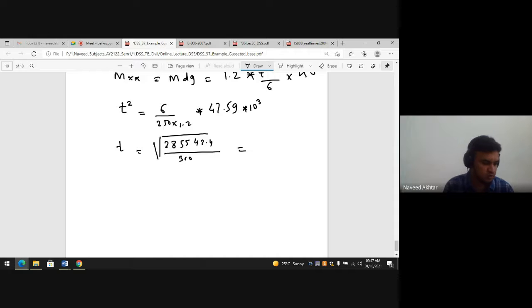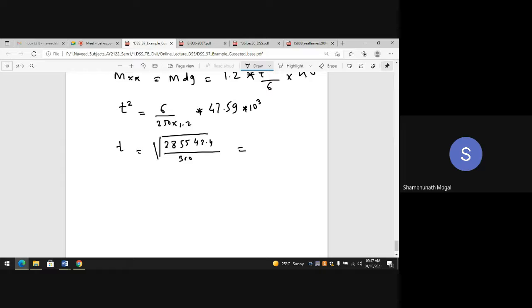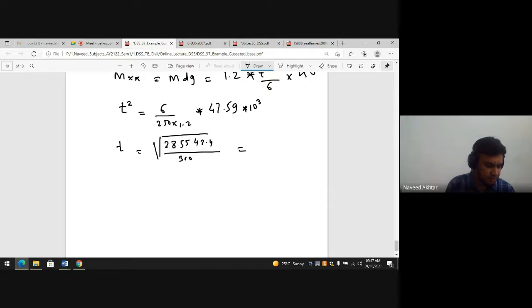So 285542.4 divided by 300 is 950. Under root of 951 is 30.85. The thickness is coming 30.85 mm. This is the total thickness.